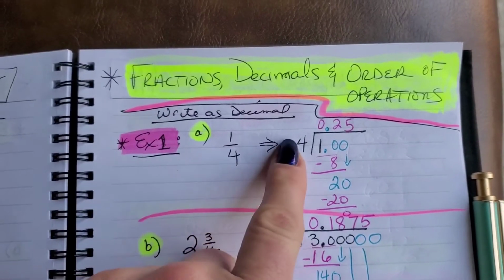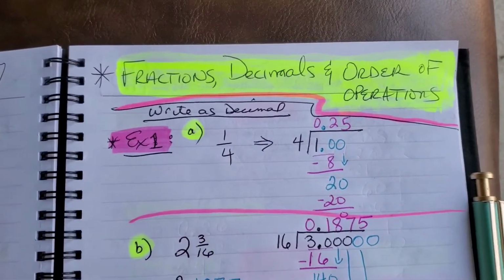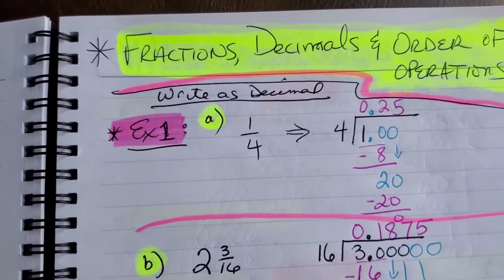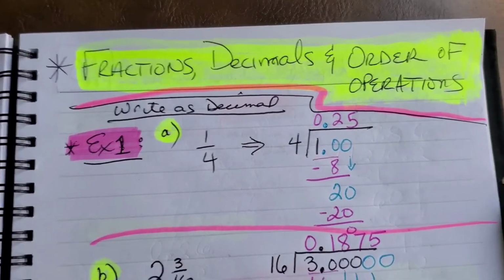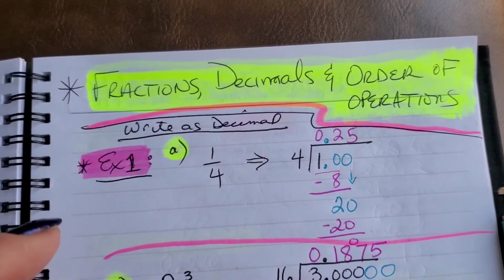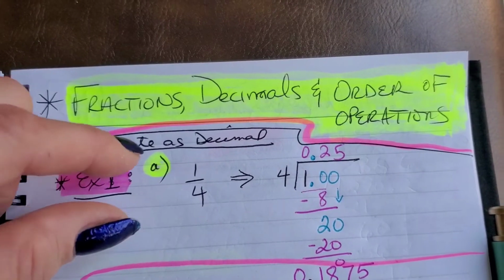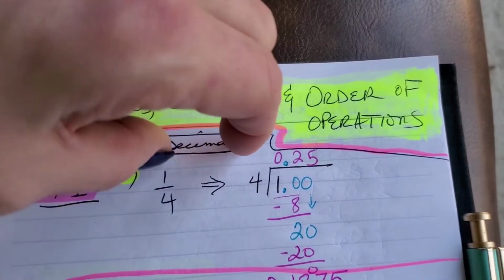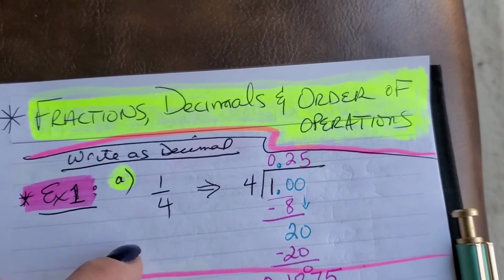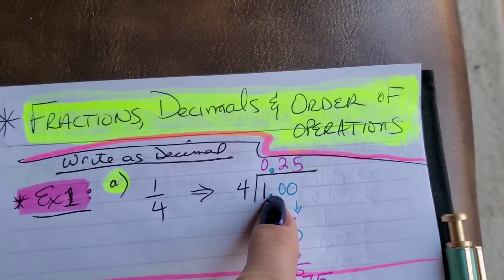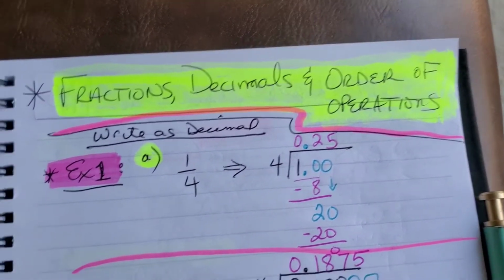All right, so what do we need to do to change a fraction into a decimal? Well, we need to divide, because that's what fractions are, a division. We're dividing something up, okay? So often what I like to do is take this fraction and tip it on its side. So the 1 drops down inside and the 4 is on the outside.